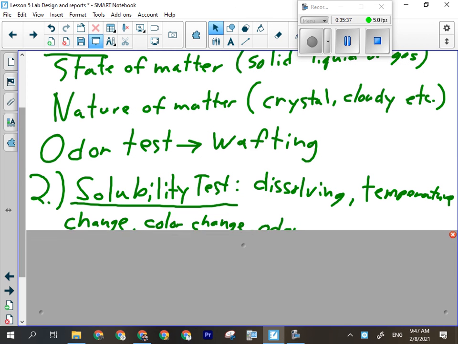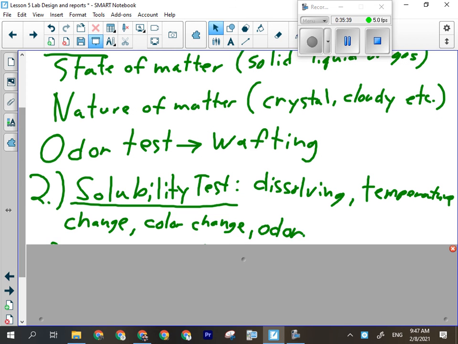When you're dissolving it, you're watching for temperature changes, and you're watching for color changes. If you've got blue crystals, you put them in water, and the solution turns blue, that's important. Or it turns green, that's important. And if there's any change in odor. Spoiler alert: there really shouldn't be any change in odor for anything.